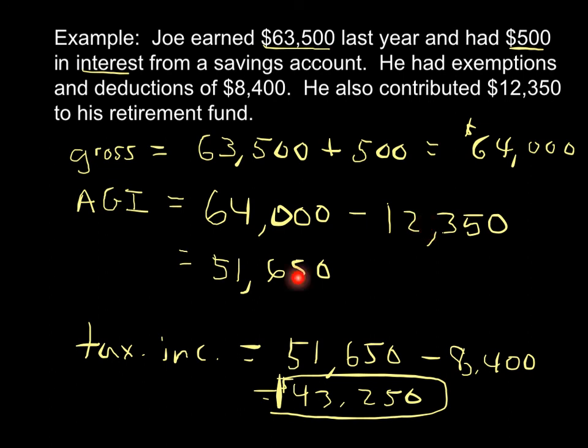So your adjusted gross income is this, and the exemptions and deductions added together come off to give your taxable income. If you understand how that works, everything will be really great. But if you don't take the time to think about what these terms are and where they fit in, then you will get in the bad habit of just adding and subtracting things at random, which is not the best way to do this.